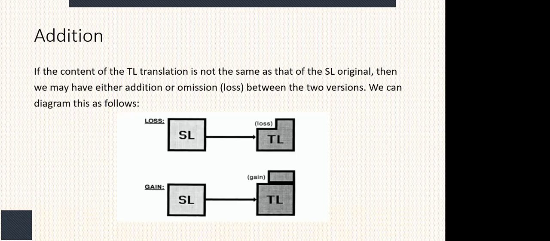You leave something out. Sometimes it's necessary, or sometimes you can't prevent this from happening. And there is gain when from the source language you have a lot of the information, then you even have extra. This could be because something is implied. Sometimes when information is implied in the source language for cultural reasons, then something like this can happen, and it will go either in the loss or gain direction.